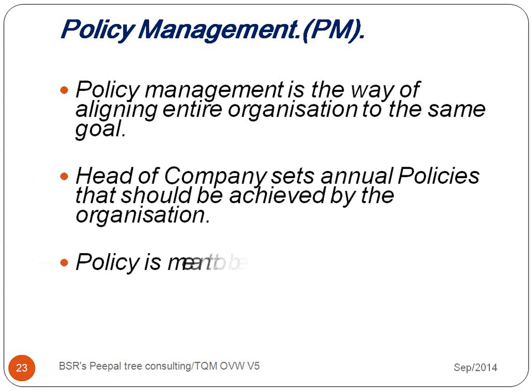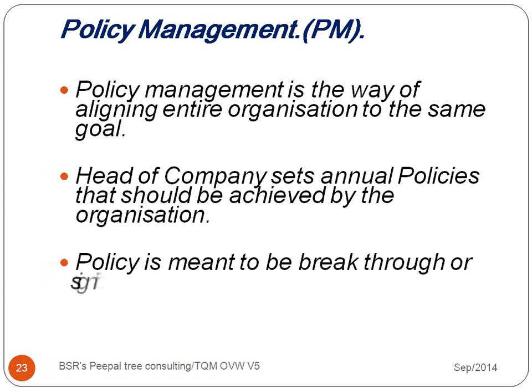And to make this happen, the head of the company, I have not used any designations here simply because we tend to have different designations, sets annual policies that should be achieved by the organization. As you can see here, when the policies are set, it's almost the dream or the vision of the top management that they should be achieved by the end of the year.